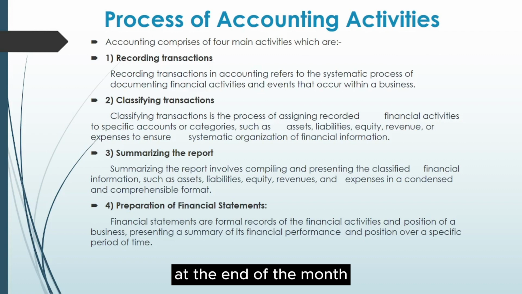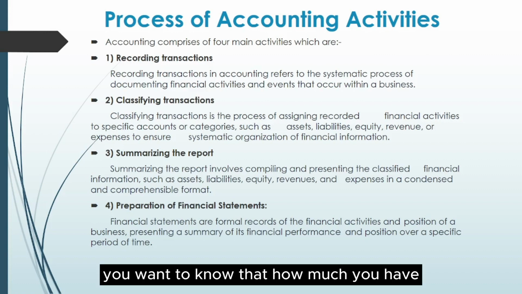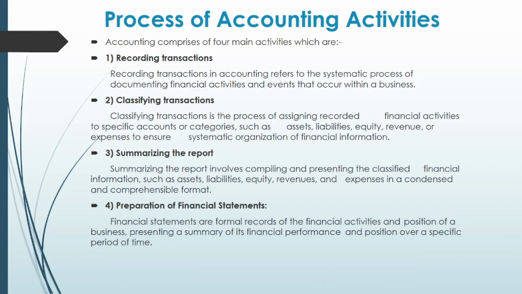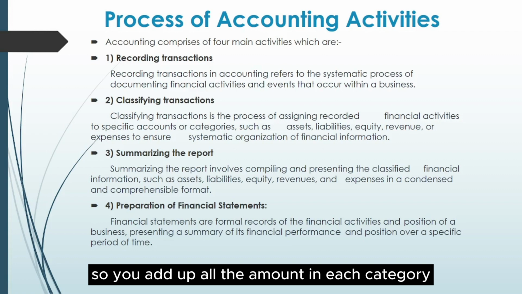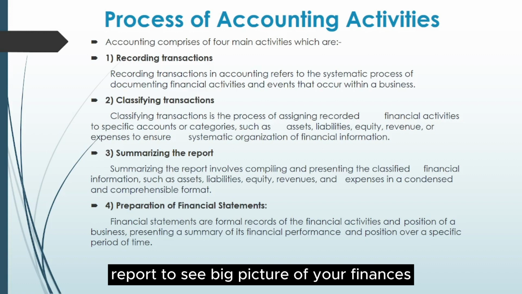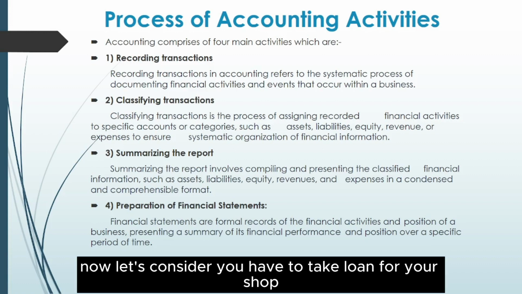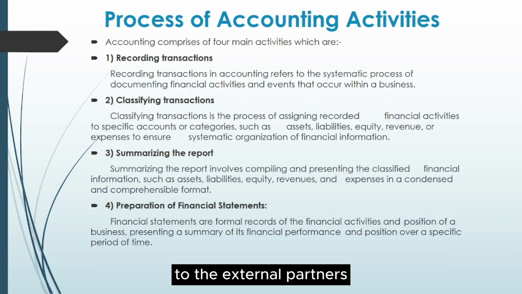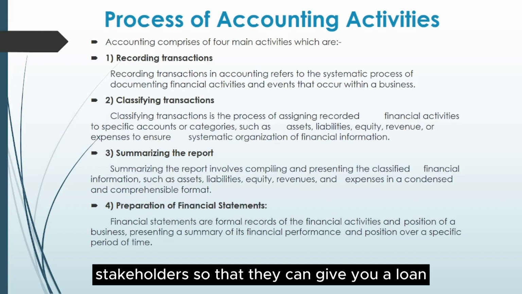At the end of the month, you want to know how much you have earned and how much you have spent in purchasing the stock for shop. So you add up all the amounts in each category. In accounting, it refers to summarizing report to see big picture of your finances. Now let's consider you have to take loan for your shop, so you have to show your financial condition to the external party or stakeholder so that they can give you a loan.